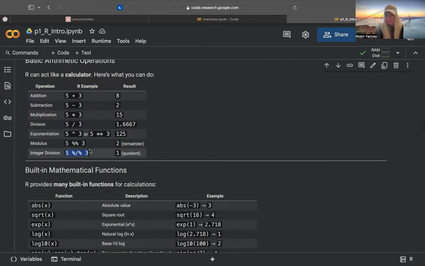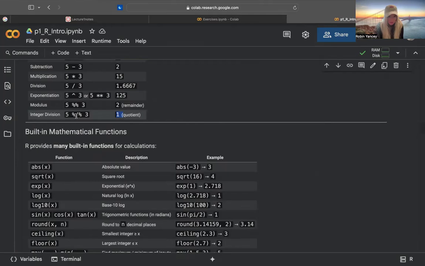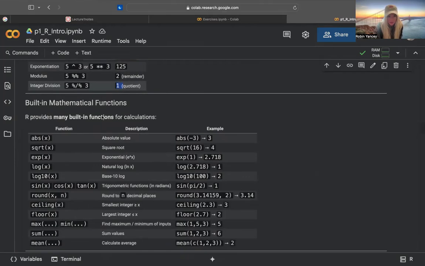Whereas integer division is kind of the opposite, because when we divide one number by another, we get the output without the remainder. So you can see if 5 divided by 3 with integer division is done, we just get 1 instead of a fraction or a floating point number.